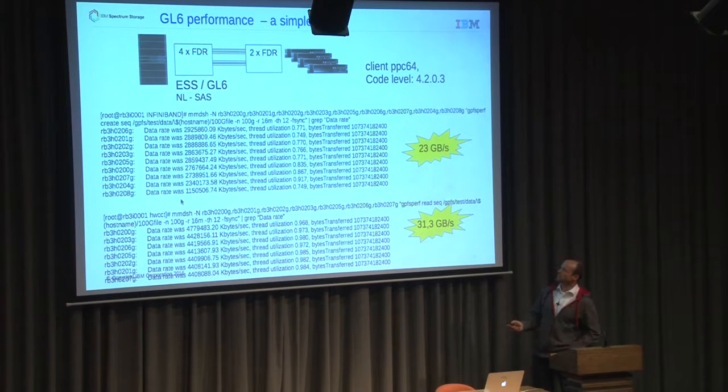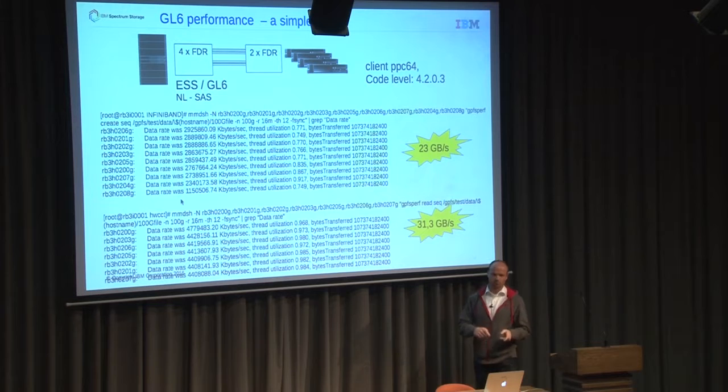That's just a simple test with GPFS perf, and here I documented what I did in the command line. This is close to the limit of the SAS bandwidth. For write, we have to sacrifice a little bit of the performance for writing parity and things like that.